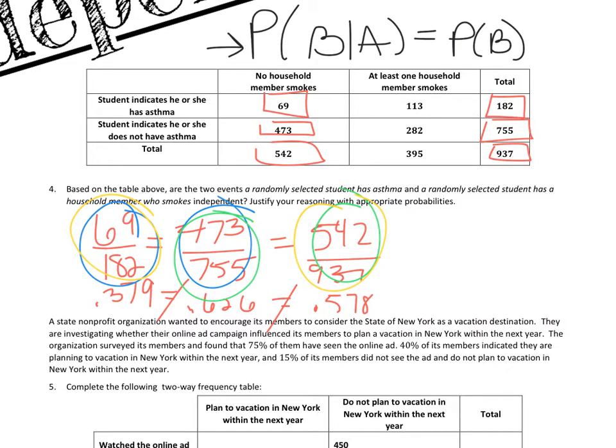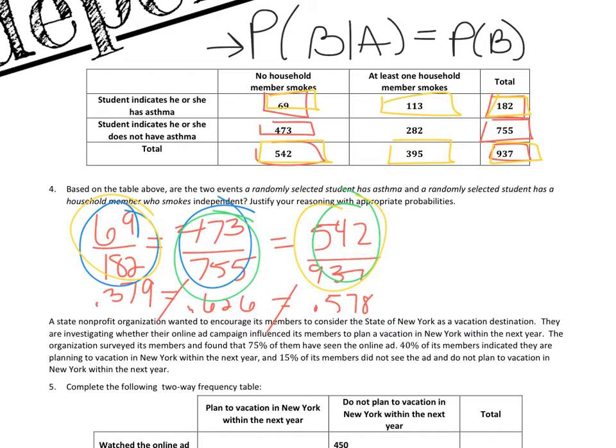Now the other way you can do it is, if you notice I did it horizontally, I did this divided by that and this divided by that, but you could also do it vertically. So you could also divide this by this, and this by this, and see if those are equal, again pairing two of them together.